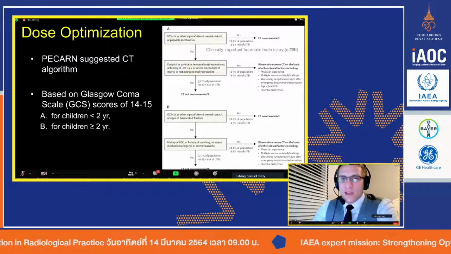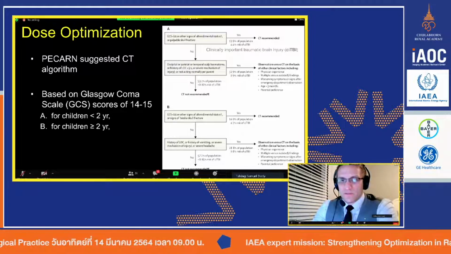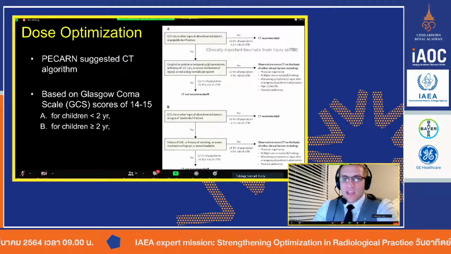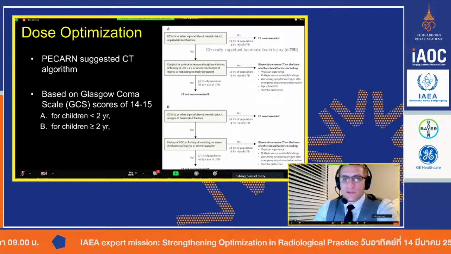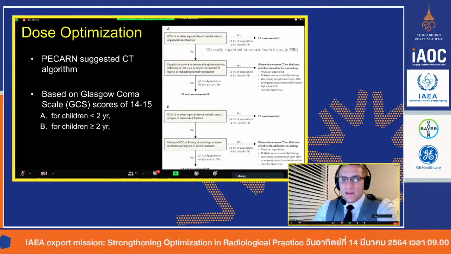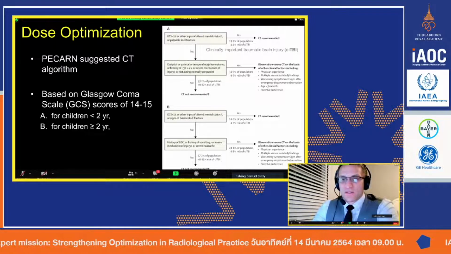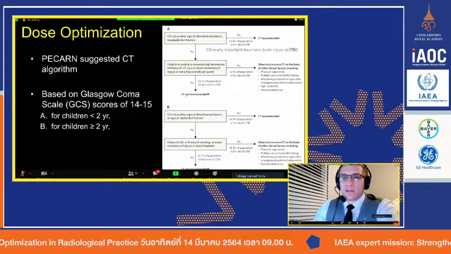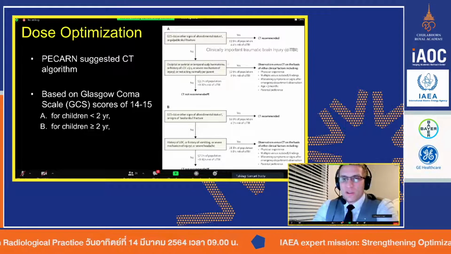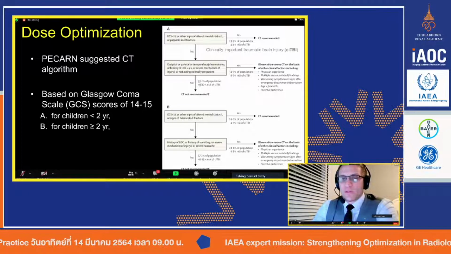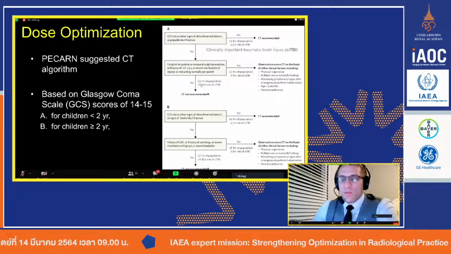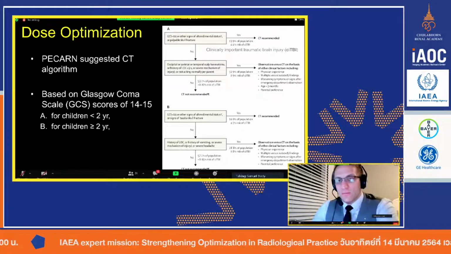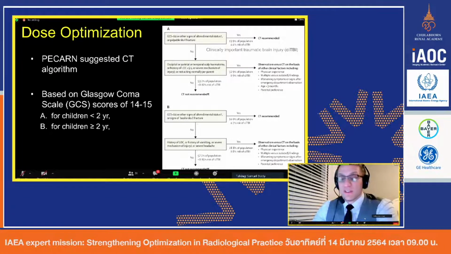But if they don't have these initial criteria of GCS score 14, etc., and they don't really have scalp problems or damage, or they haven't had a loss of consciousness, then the answer is no, a CT is not recommended. And when you look at the total population, generally speaking, 53% of kids that present and are being observed for TBI, for traumatic brain injury, 53% of them don't need a CT scan.